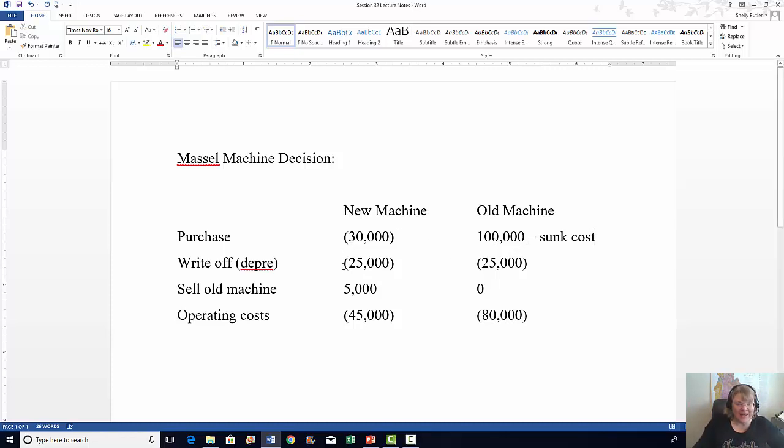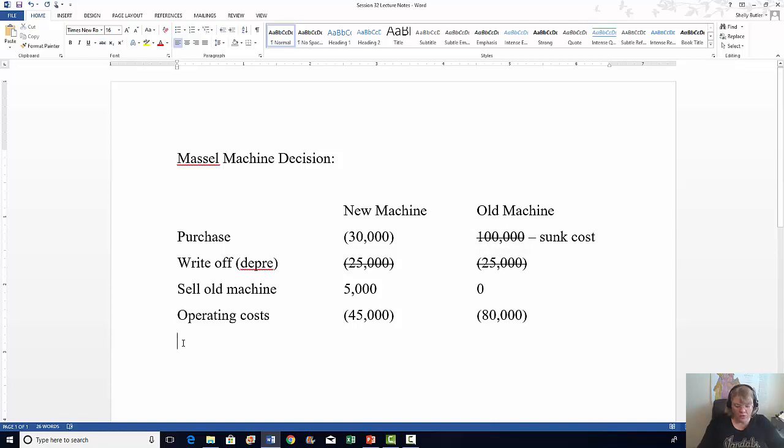Now the write-off is the same for each one, so it's not going to do anything for us, so we can just eliminate that. It's the same for each decision, so it doesn't help us. And I will put a line through this one as well, just so that we know.